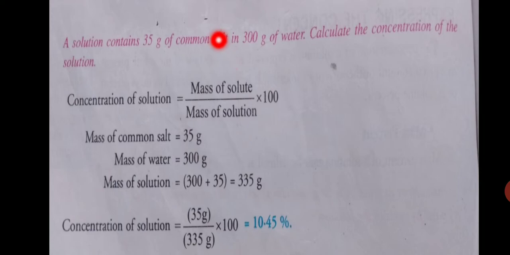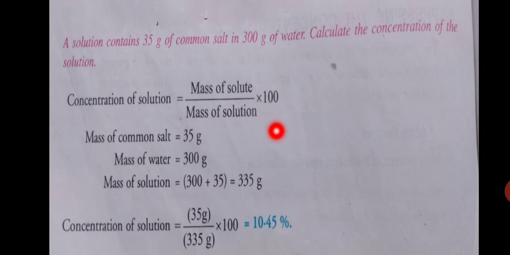What is given? Mass of the solute and mass of the solvent. So we have to find out the solution value also. What are the given quantities? Mass of common salt, that is 35 gram, is the solute. Then mass of the solvent, that is mass of water, is 300 gram. In the equation it is mass of solution.